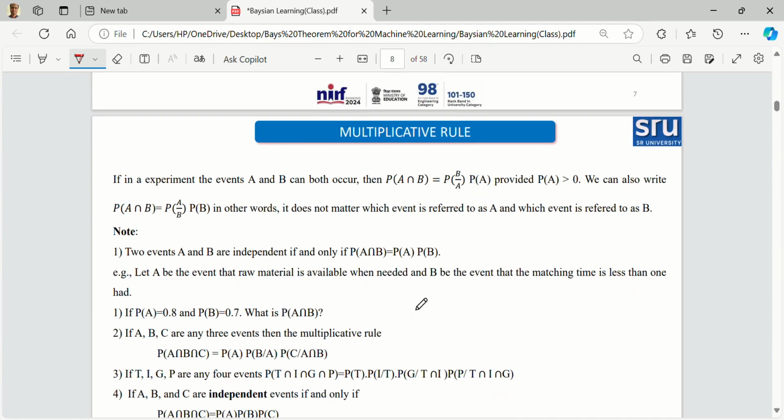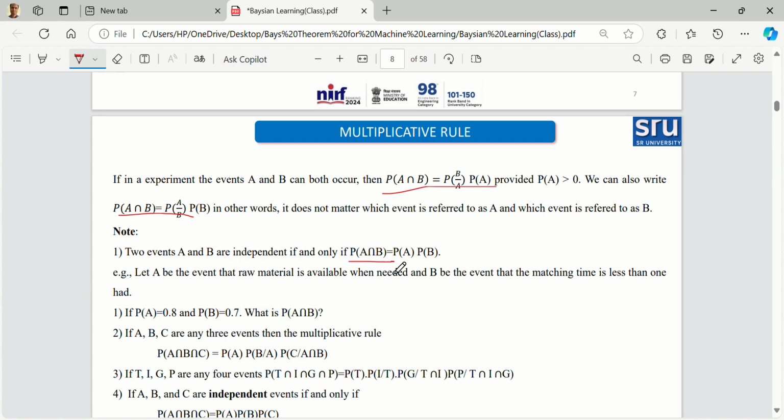Multiplicative rule: probability of A intersection B is equal to probability of B given A into probability of A, provided probability of A is greater than 0. If it is equal to 0, we cannot find anything. It can be written in two ways, as already discussed earlier.